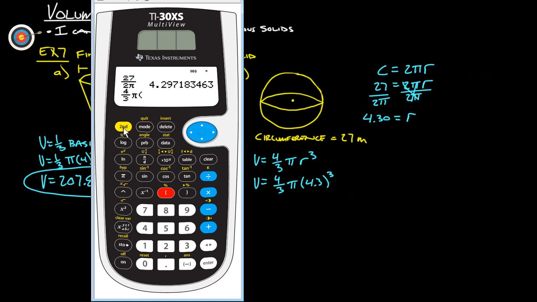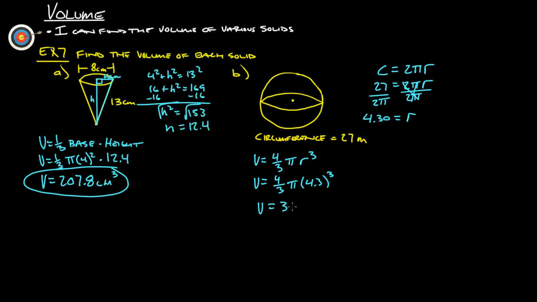So I'm going to put parentheses and do second answer, and it will have our non-rounded answer, which is going to give us a more accurate answer. Then we take that to the third power, and that gives us 332.4, and that's going to be meters cubed.